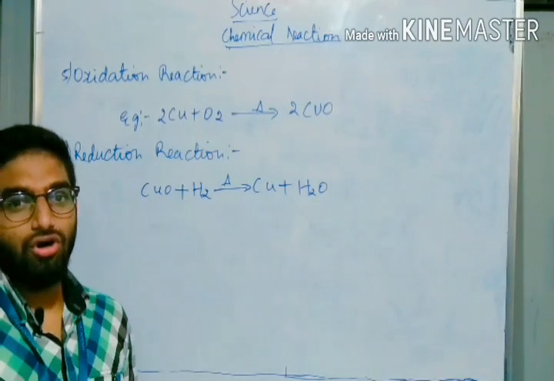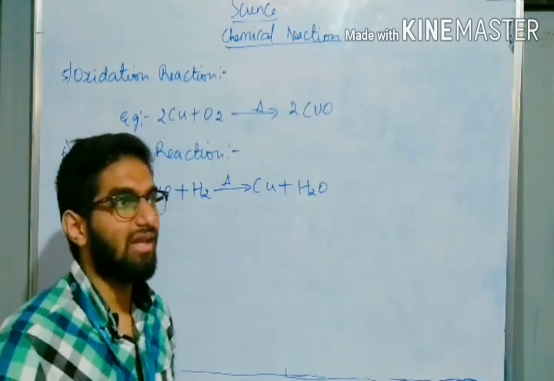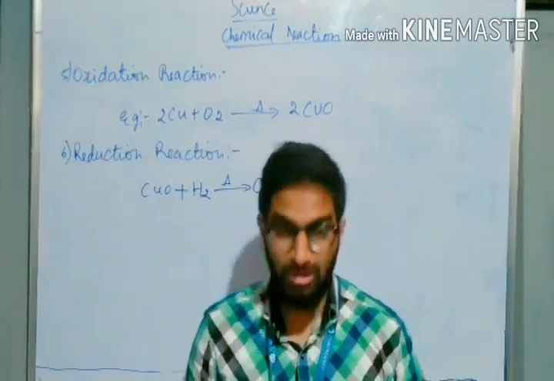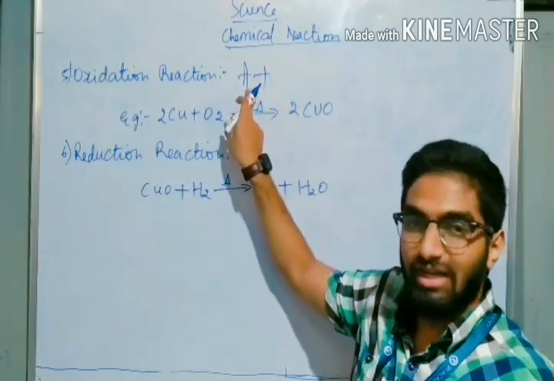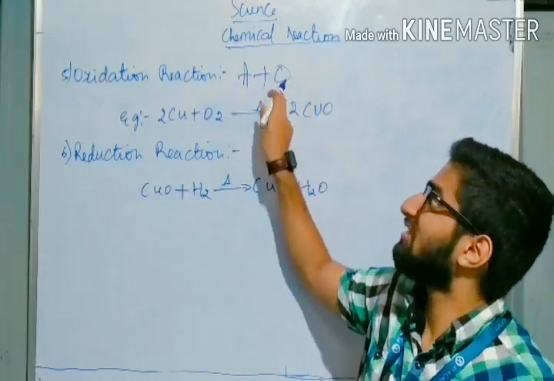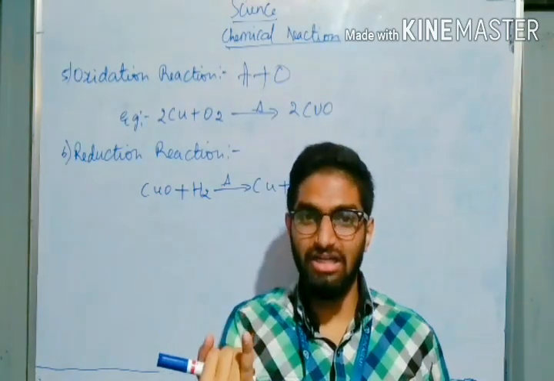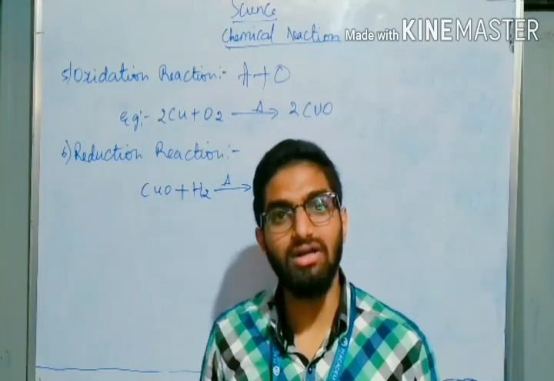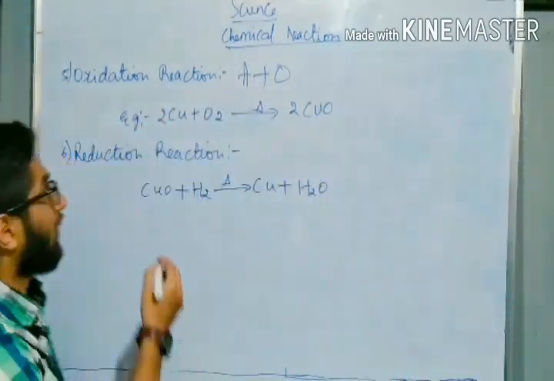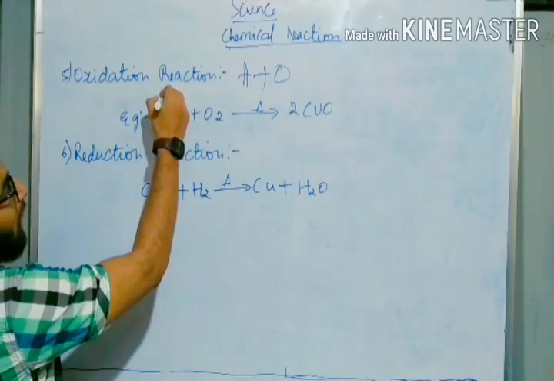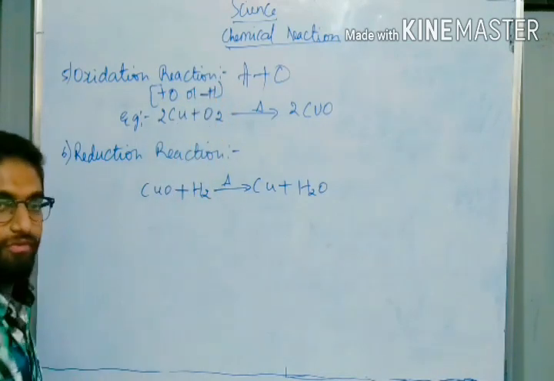And last we have oxidation and reduction. What is oxidation reaction? In general, oxidation is something related to oxygen, right? So any substance where oxygen is adding, in simple words, you can call it addition of oxygen or removal of hydrogen.